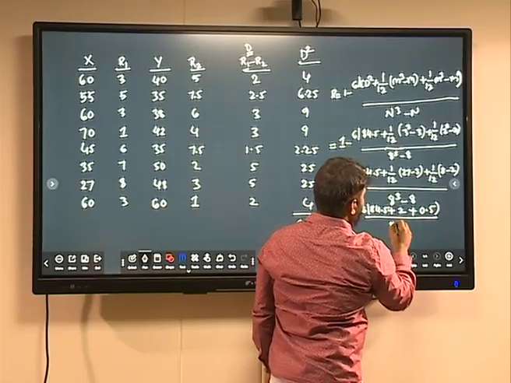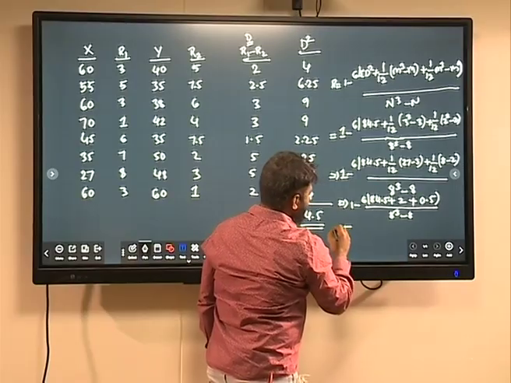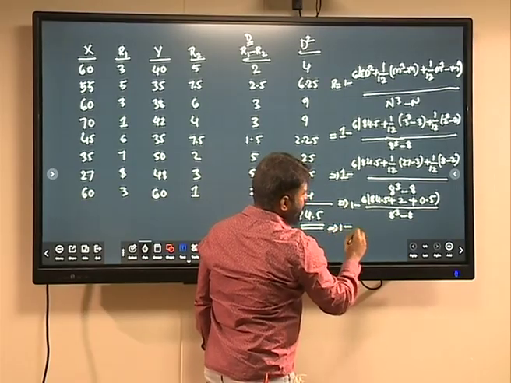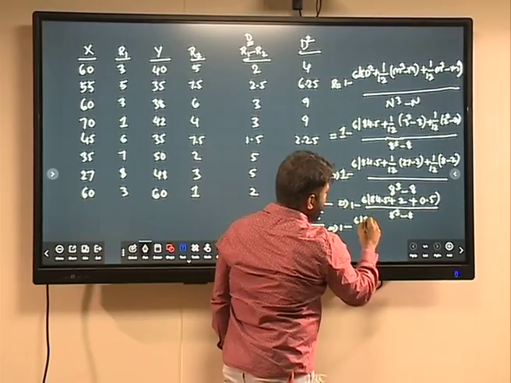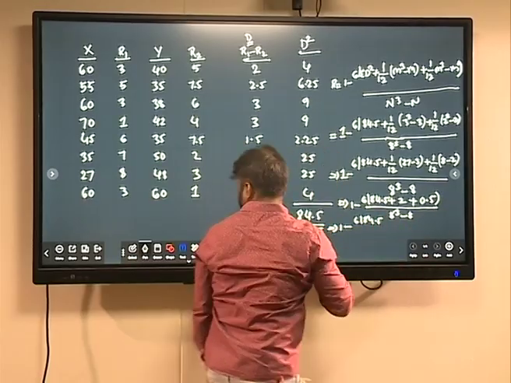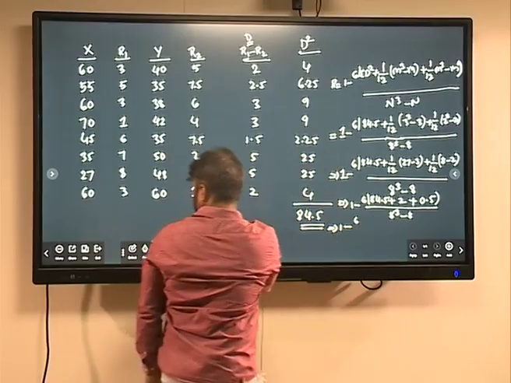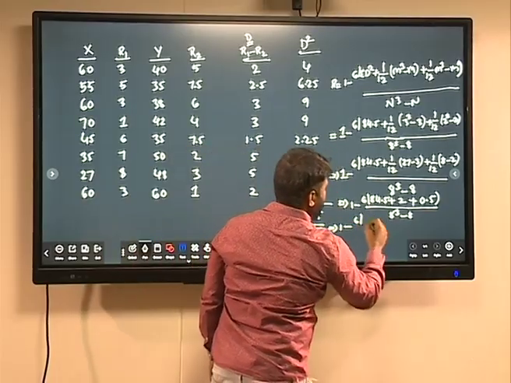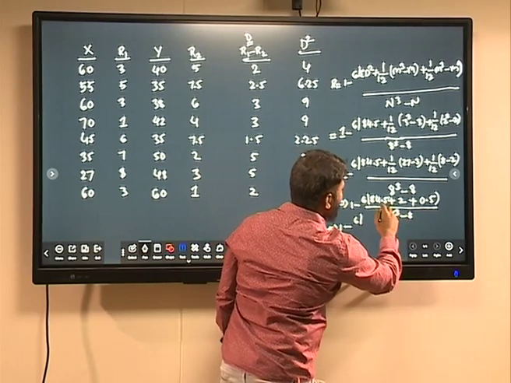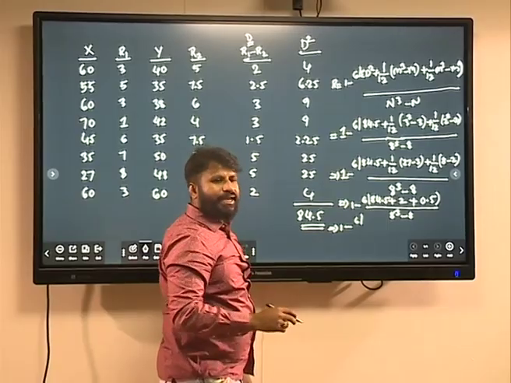Next step, 8 cubed minus 8. So 1 minus 6 into 84.5, you can sum this value total at a time. 84.5 plus 2 is 86.5, plus 0.5 is 87.